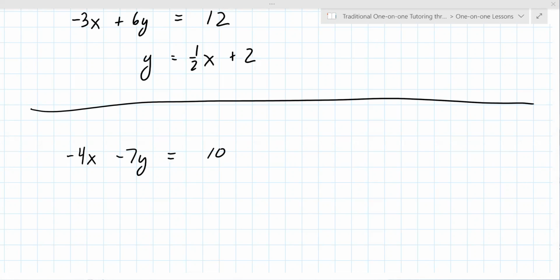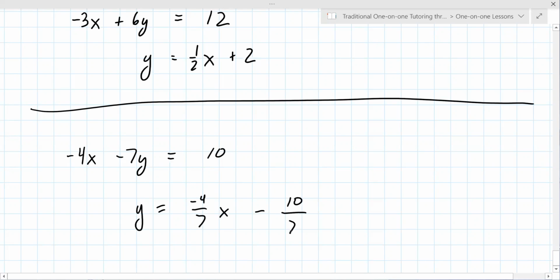Oh no, I can see how they can get more tricky. Okay. y equals minus 4/7 x and minus 1 1/3. Yeah, so it's minus 4/7 x, and then minus 10 over 7.